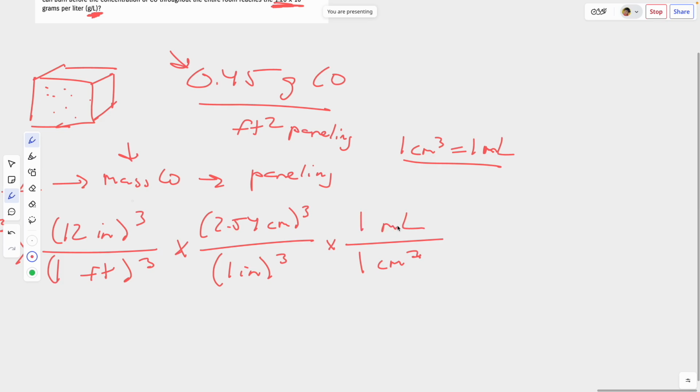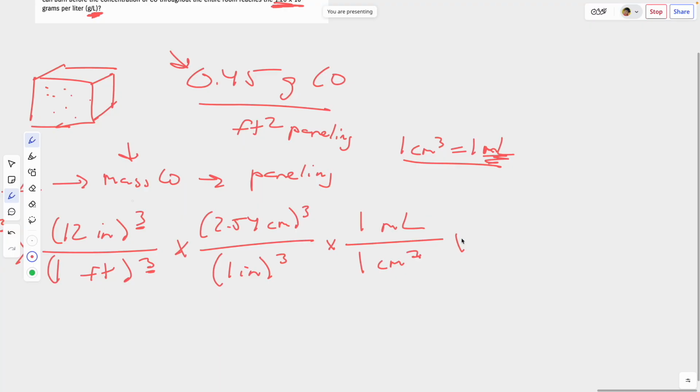So notice here how before, we were cubing these values, right? But notice how here we're not cubing milliliters. This is because you can think of this as a linear conversion, because 1 cubic centimeter is equal to 1 milliliter. You don't need to cube this because it's already a unit of volume, right? So there's no reason to cube this because you have this conversion factor by definition.